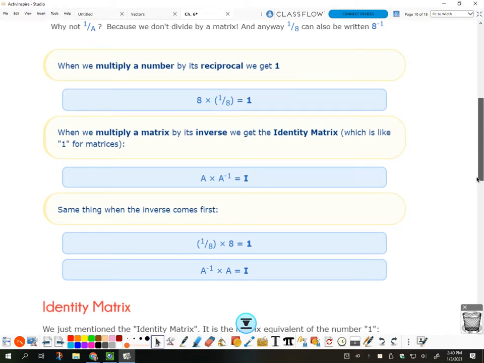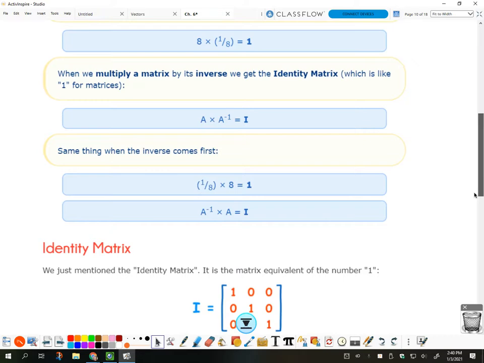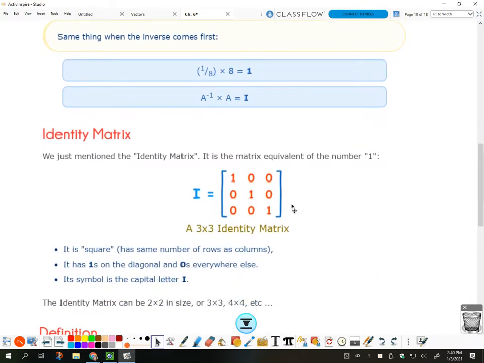When you multiply a matrix by its inverse matrix, you get the identity matrix, which is basically a 1, because the identity matrix looks like this. If you have a 2x2 identity matrix, it's a 1 here, and zeros. If I wanted to get fancy and tell you to do a 5x5, you would just have 1s along the diagonal and fill in with zeros the rest of the way.